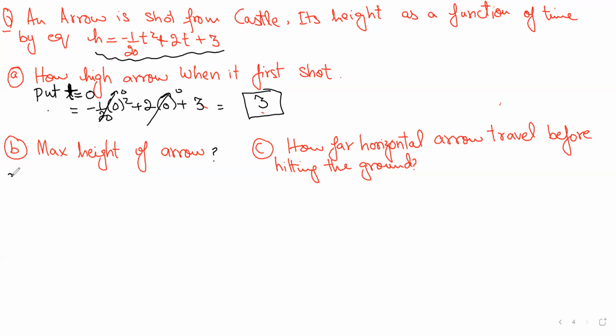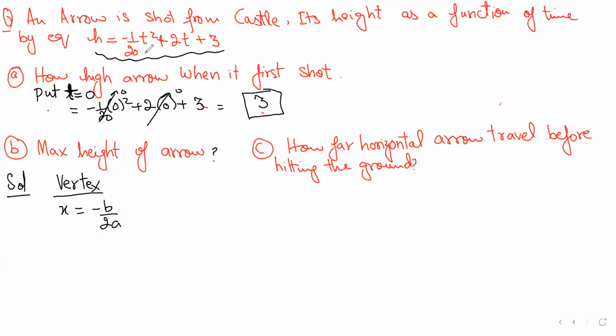Now coming to the second part, what is the maximum height of the arrow? By maximum height, we always mean the vertex, because the maximum height will be like this, and this point is the maximum height, and it's always the vertex. For finding the vertex, I need my equation, which is x is equal to -b over 2a.